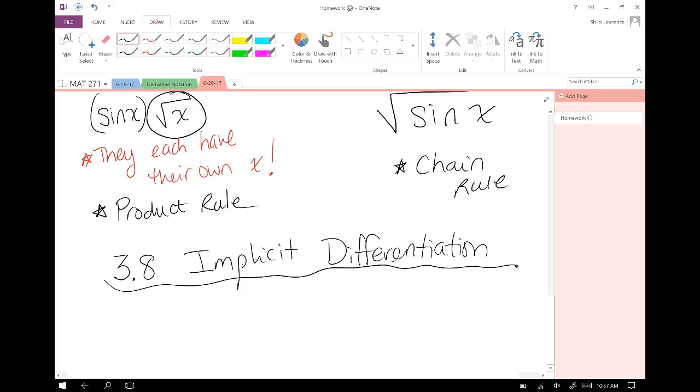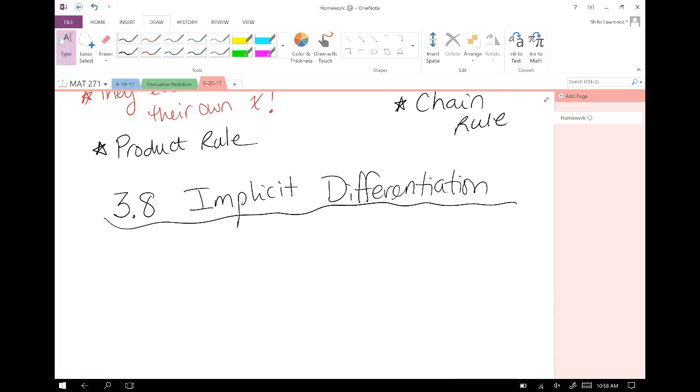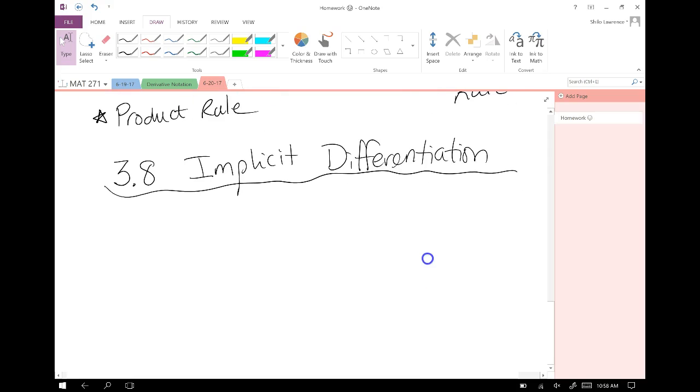All right, so 3.8 is interesting and different. So first we're going to talk about what the word implicit means. 3.8 is implicit differentiation.